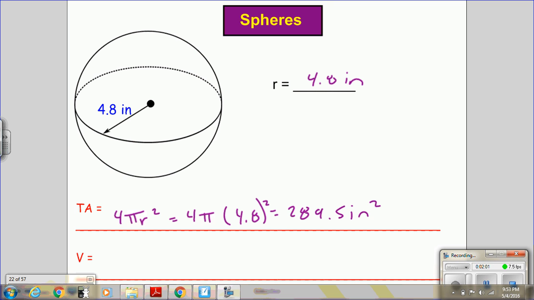The formula for volume is 4 over 3 pi times radius cubed. So that's 4 over 3 times pi times 4.8 cubed. And type that in the calculator.